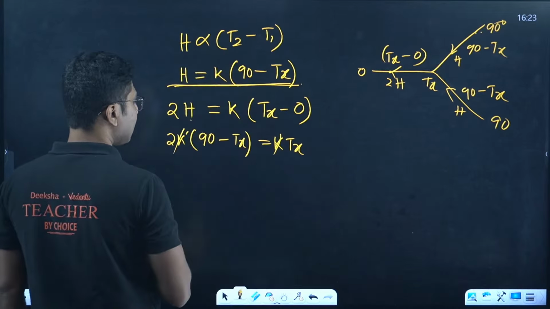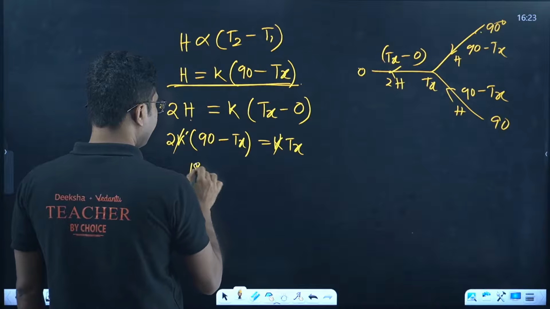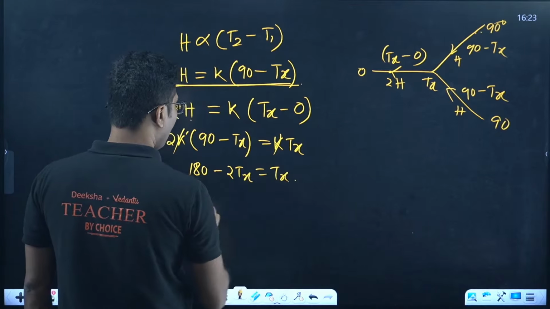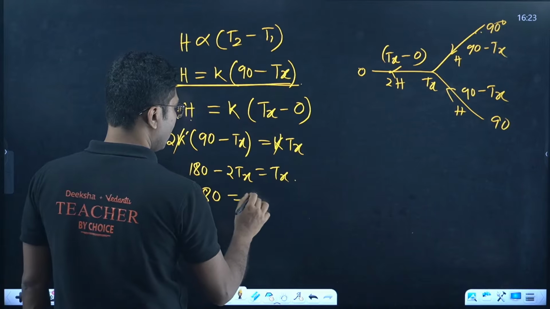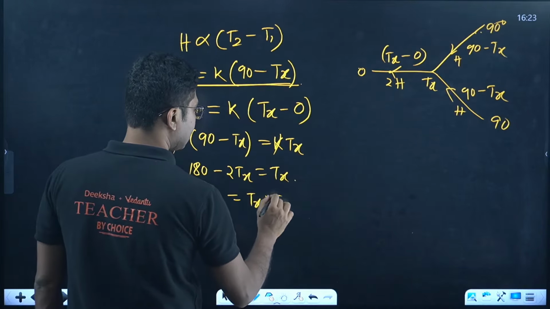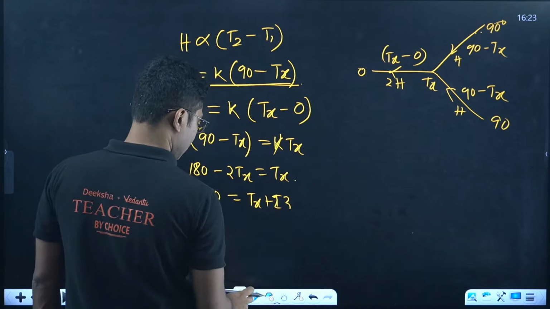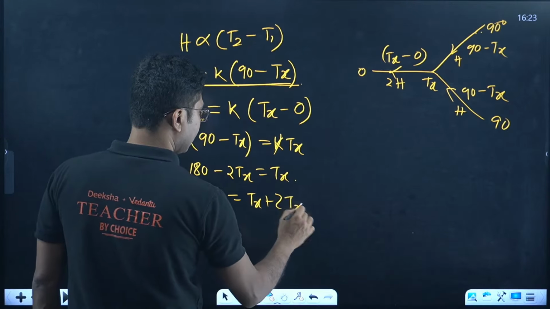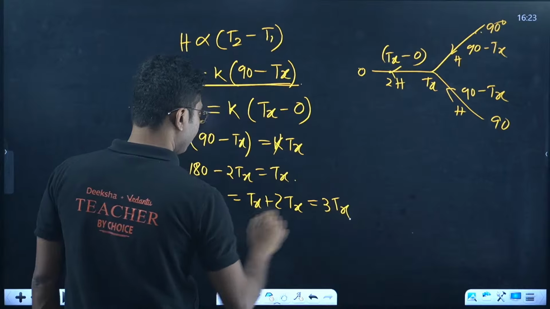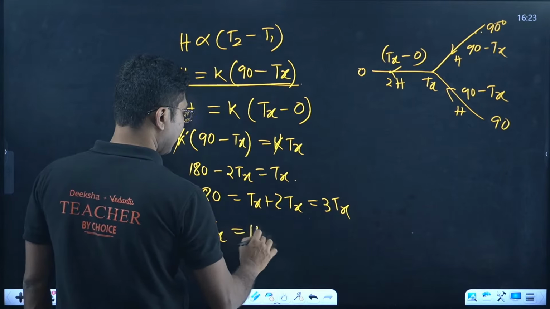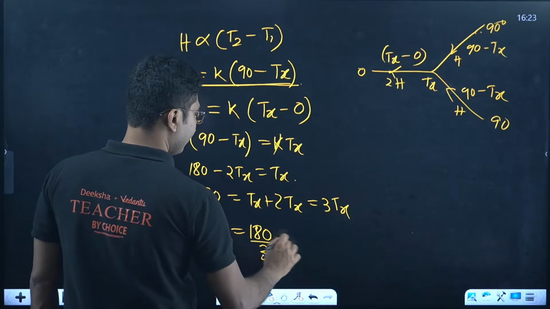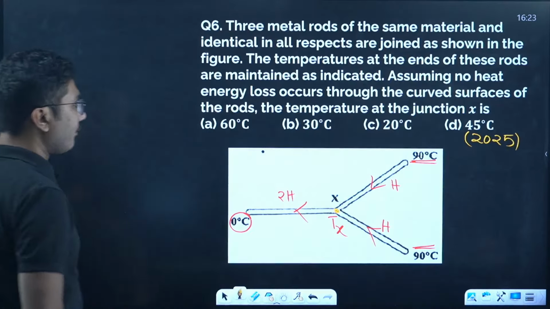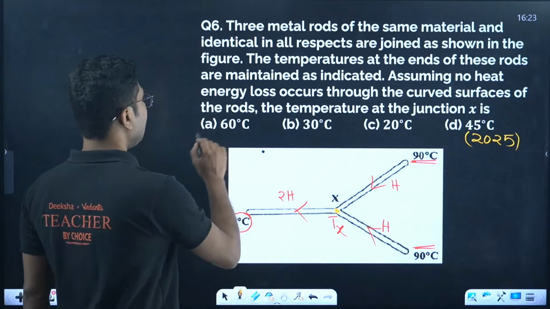K cancels, and we get 180 minus 2Tx equals Tx, or 180 equals Tx plus 2Tx, that is 3Tx. So Tx equals 180 by 3, which is 60 degrees. So the temperature of X is 60 degrees Celsius.